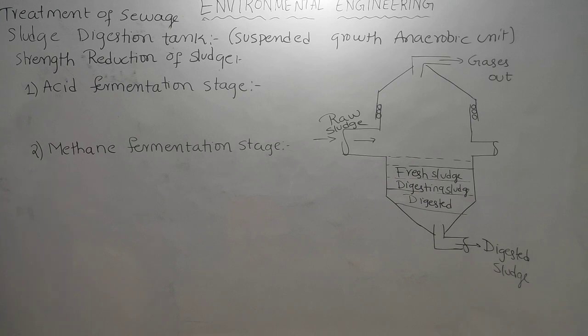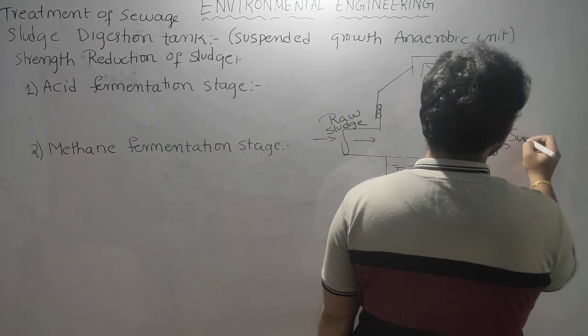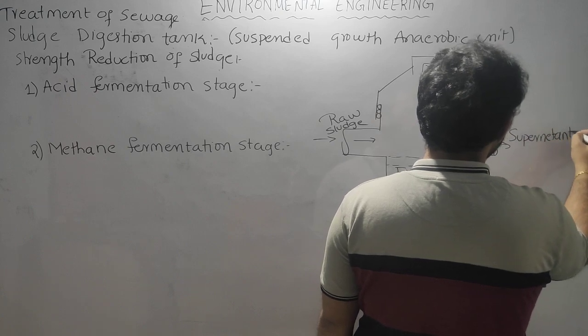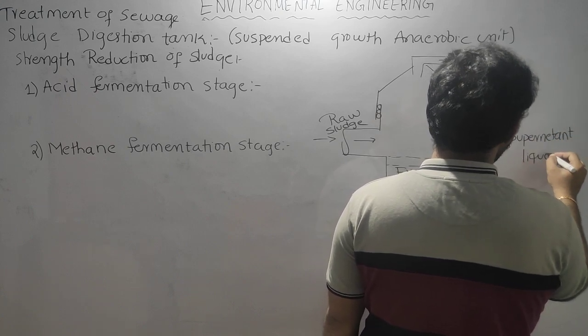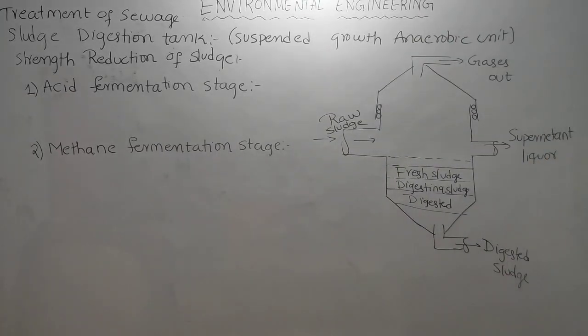I told you already, whenever the BOD is more, tertiary treatment is needed. So we take out the supernatant liquor from here and send it back into the system, because its BOD will be in the range of 3000 ppm, which is very, very high.